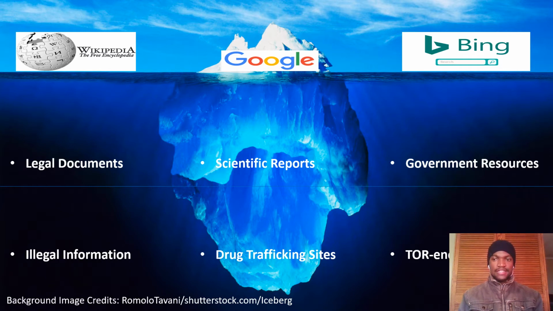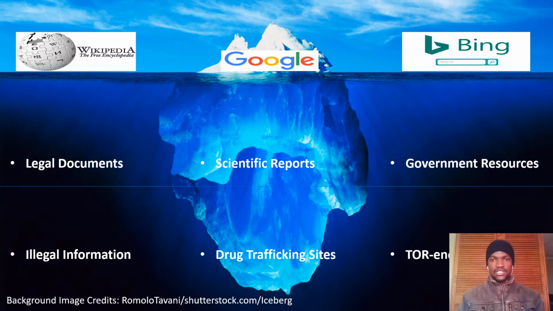You'll note that at the very top you have Wikipedia, you have Google, and you have Bing. These are common websites. You go on the internet, you search. Usually you would go on Google and you'd search whatever it is you want to find information on. And also the different social media sites that you access on a daily basis.